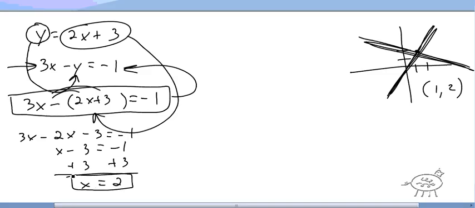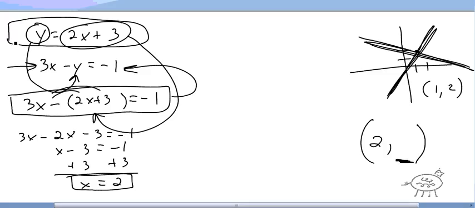Okay, that's half my answer. In fact, I'm going to write this as an answer all the way on the right here: 2 comma something. So I need to find my y value. That's really easy. Notice this one equation up here on top is already solved for y. I'm going to take that x and plug it back in where I see x, and find the value of y.